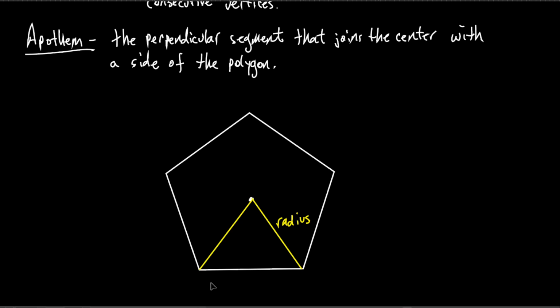Drawn to consecutive vertices. What does that mean, consecutive? Right next to each other. So I'm not drawing from here to here, and then from here way up here, because this vertex and this vertex are not next to each other. Make sense? So here's one vertex, here's another one that's right next to it. Do you see the angle that's formed by those two yellow lines? Well, we do have a triangle, that's true, but look at the angle itself.